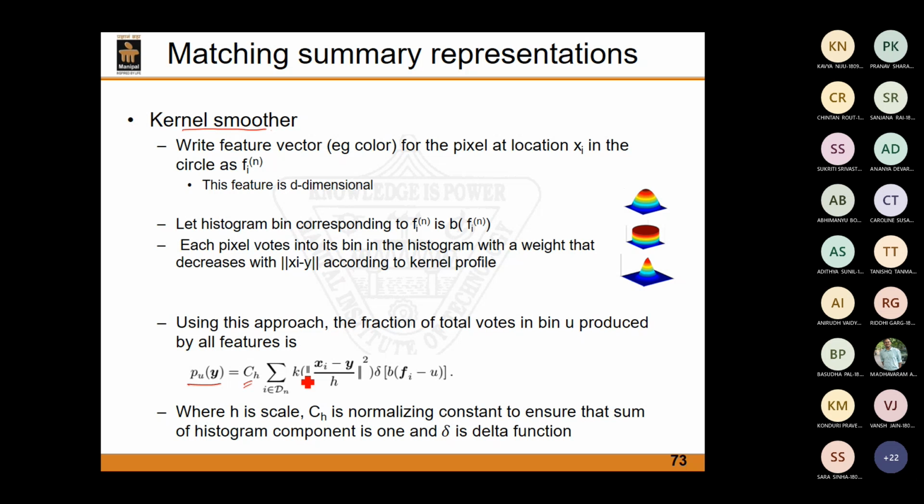And here this term is something you are already familiar with, where I take the kernel function, which is dependent on the distance between the data point and the center, divided by h, which is basically the radius of the kernel. And what you have now is an additional term, which is basically the delta function.